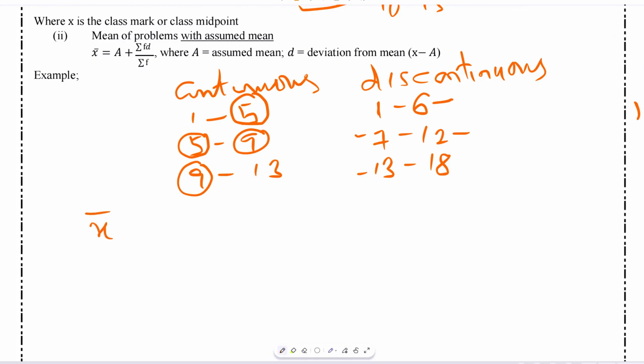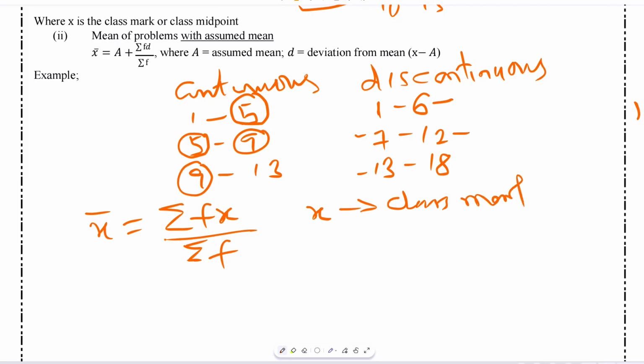X bar equal to summation fx over summation f. I told you what summation means in the last video. Summation means addition. So in summation fx, this x that you are seeing here is called class mark.